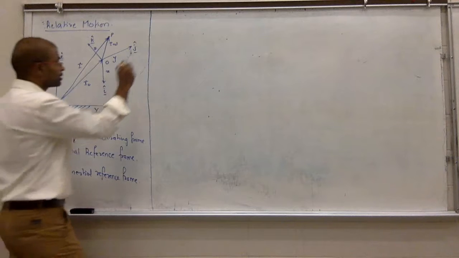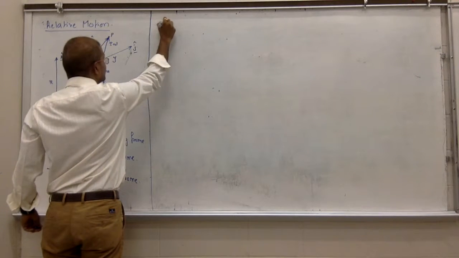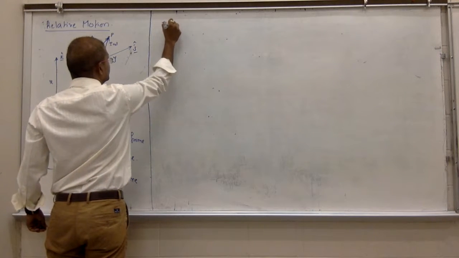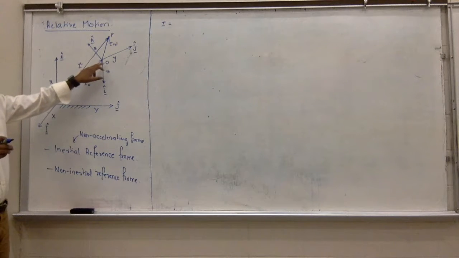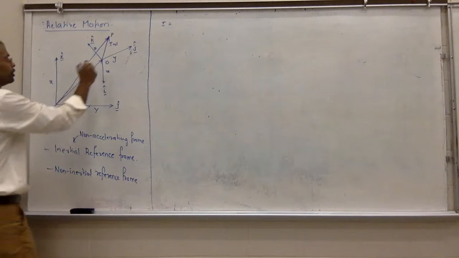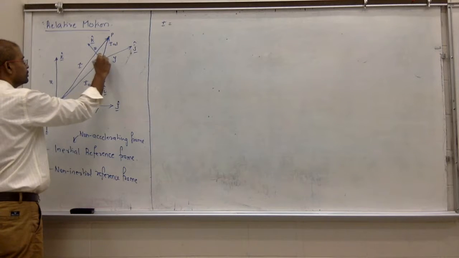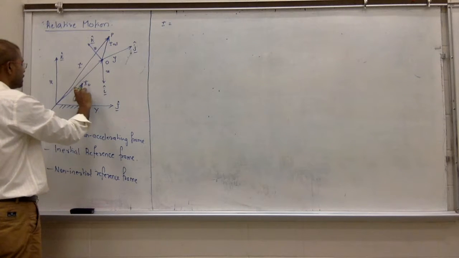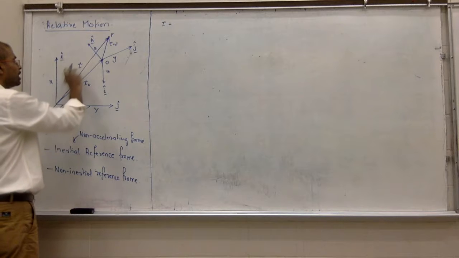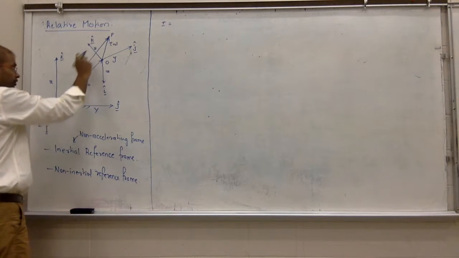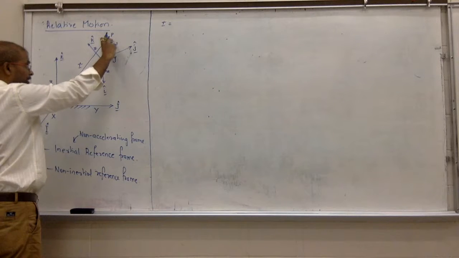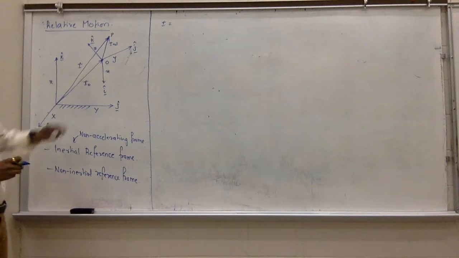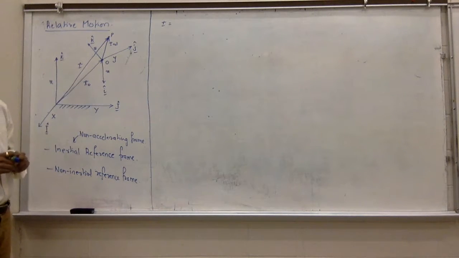Now what is this R? R0 is the absolute position of this point O. Okay, this is point O. So this R0 is the absolute position of point O. R is the absolute position of point P. And R relative is the relative position of point P with respect to O. Okay.